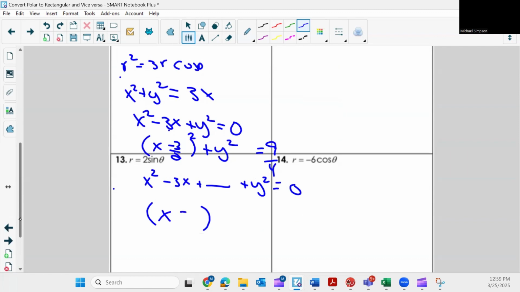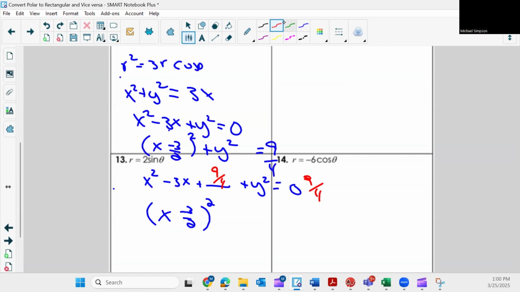That's going to give me x minus 3/2 squared. I square the -3. That gives me 9/4. So I add 9/4 here, but also 9/4 here. 3 squared, 3 over 2 squared, 9/4. Remember, we add to both sides.